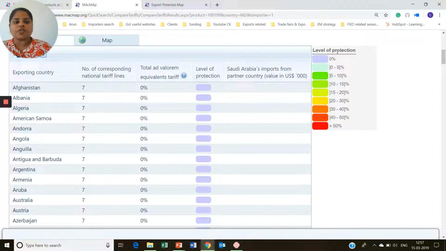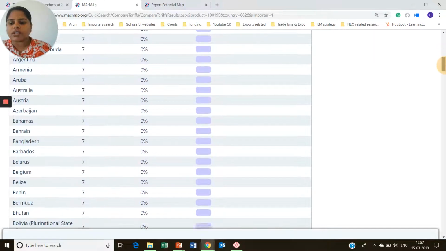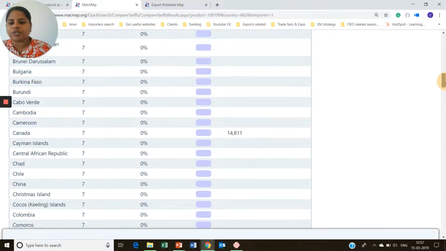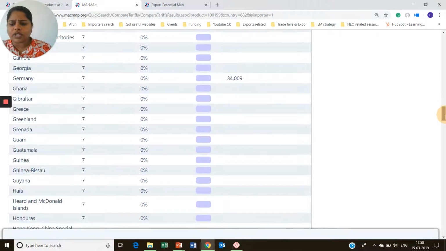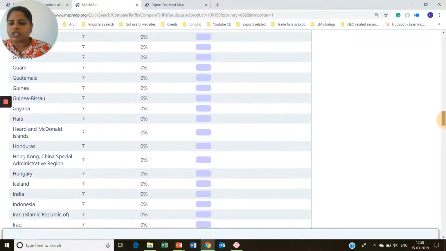So here it starts with 0. If it is 0, then there is no level of protection for this product's imports. So almost Saudi Arabia has 0% import duty for wheat from most of the countries. If I come down, okay, India also doesn't have any import duty.